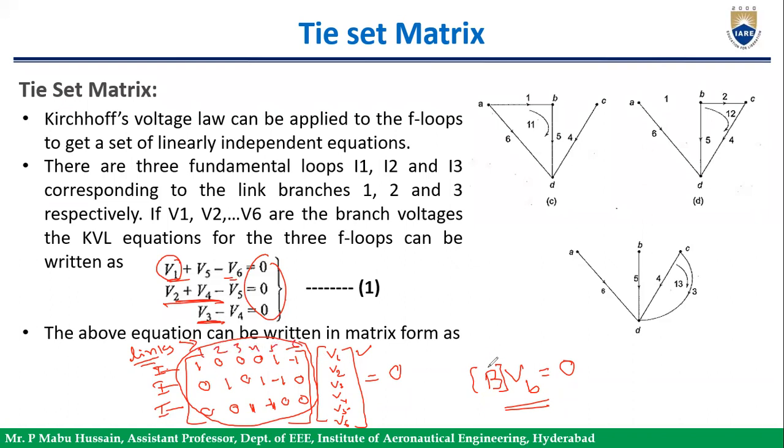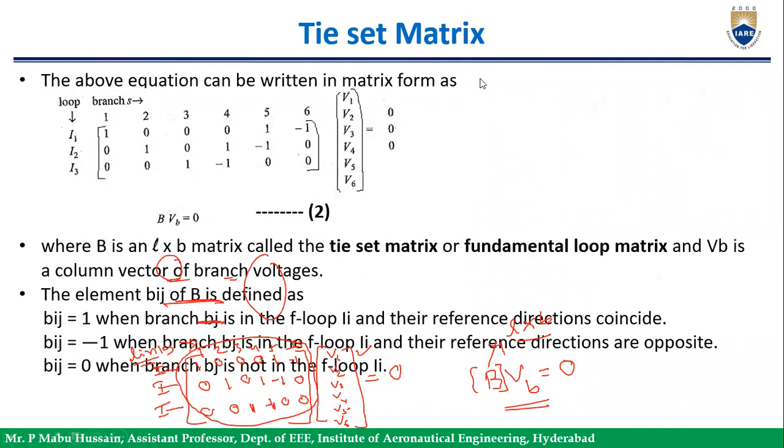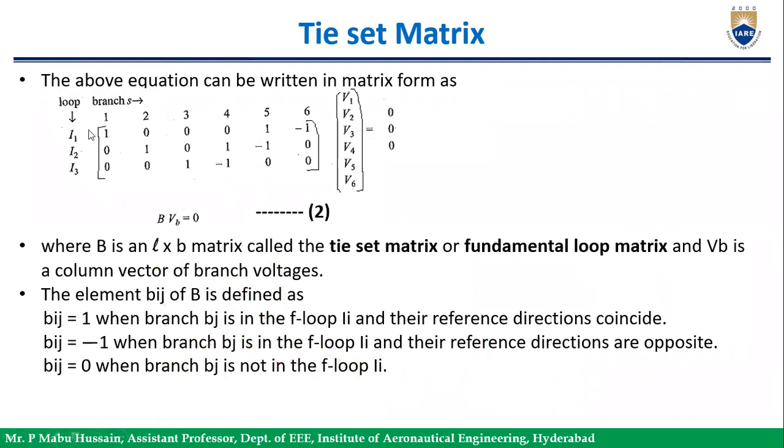So the order of this tie-set matrix will be link currents, how many link currents are there, that is L, by the total number of branches B. So L by B is the order of this tie-set matrix.